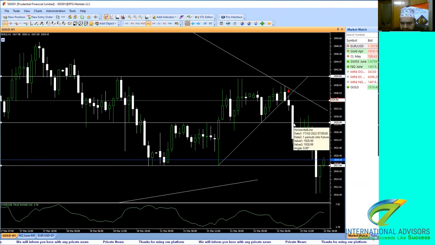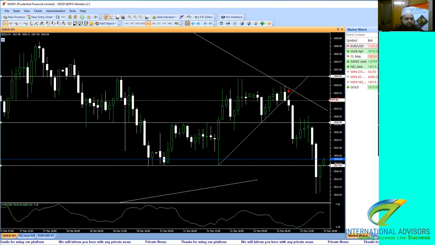For example, let's calculate how much the quantity should be at that time. Based upon this, can somebody please calculate? Your R is again 2%, which is $200. This is your selling price, and this is your stop. So based upon this, how many lots should you be selling?